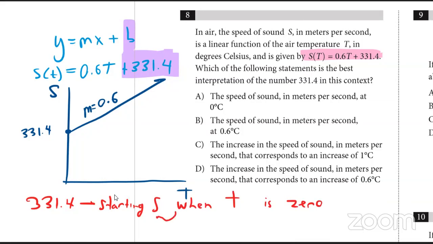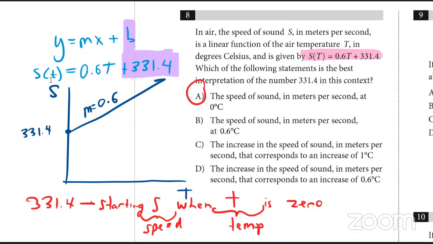And what was s again? It was the speed of sound. And what's t again? It's the temperature. So in our words, 331.4 is the speed when the temperature is 0. And that sounds a lot like choice A for number 8.